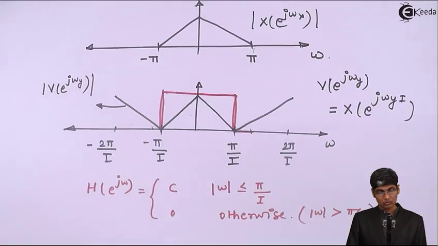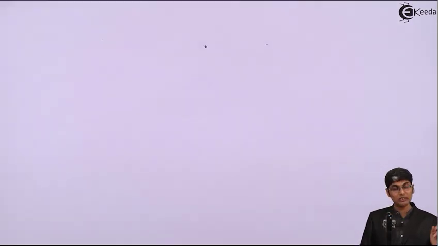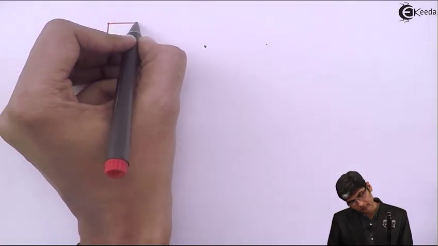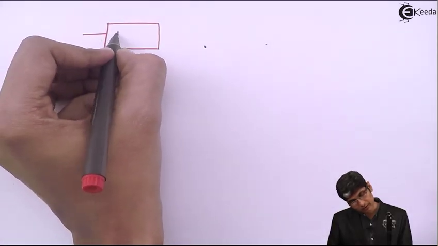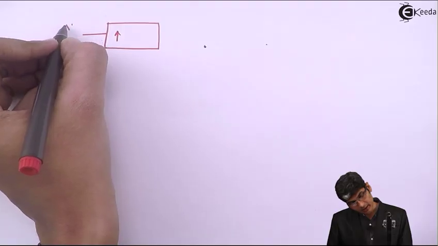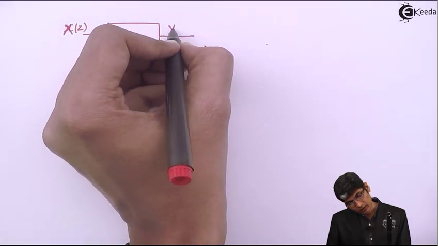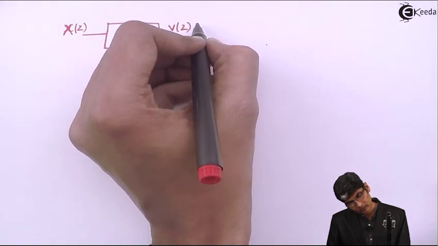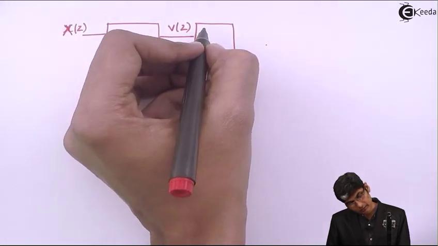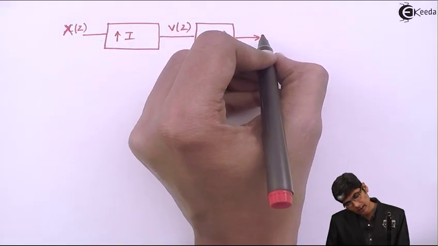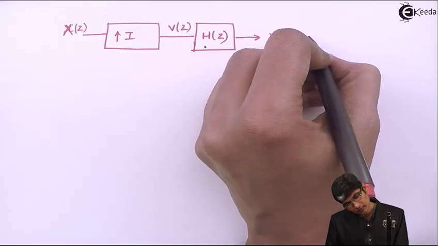So what will be the output? When I say this is the upsampler, I gave input as x of z, I got your output as v of z, and I have the impulse response, this is I, this is my h of z, and I am going to get your y of z.